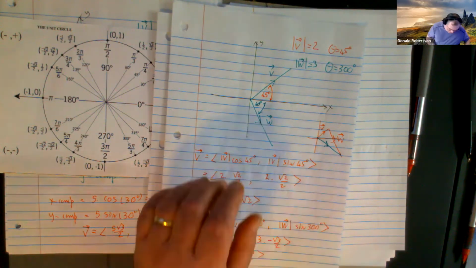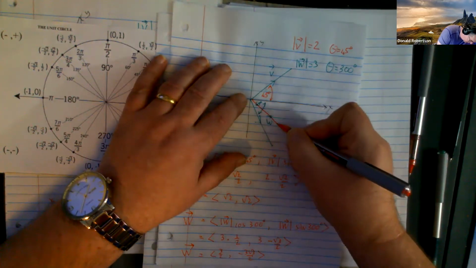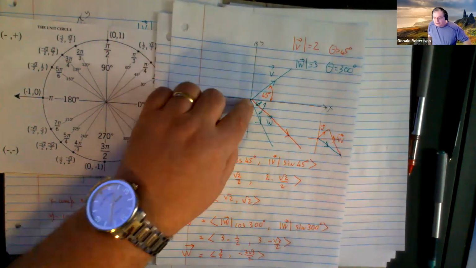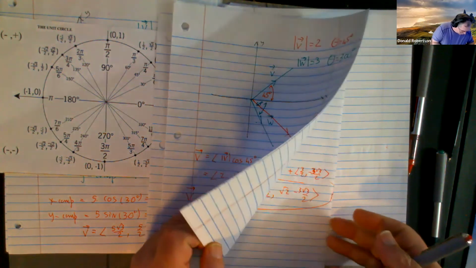If you add those 2 together, the answer would probably look like a vector going this way. That would be the direction that the boat would be getting pulled, the resultant direction. So you can think of adding vectors together as very similar to adding forces together. You've got a force pulling this way and another different force pulling that way. What would the combined effect of those 2 forces be? That's what adding the vectors does. It's a way of combining 2 distinct forces together.